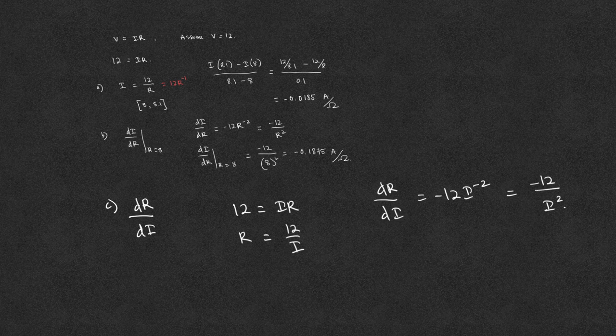We can rewrite 12 over I as 12 times I to the negative 1 and use the power rule.